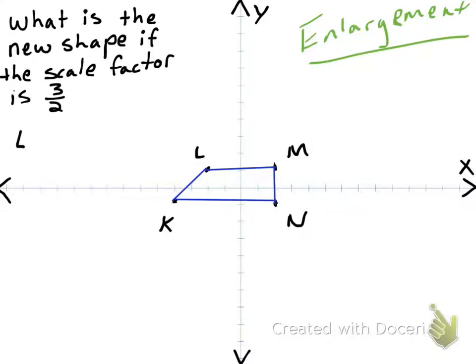L, the point for L, remember x always goes first before y, is 1, 2 for x, and 1 for y.